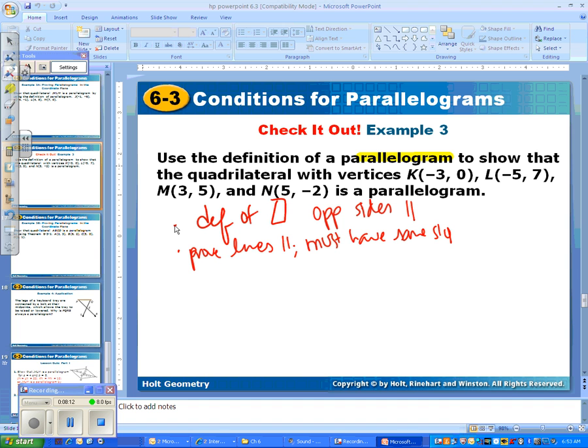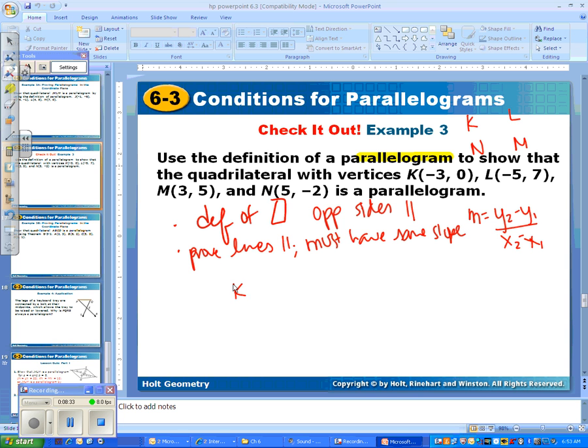So if you want to graph it, you just count rise over run. If you don't want to graph it, you have to use the slope formula, y2 minus y1 over x2 minus x1. Remember in geometry, we go in a clockwise order, so K, L, M, N is what this parallelogram is going to look like.